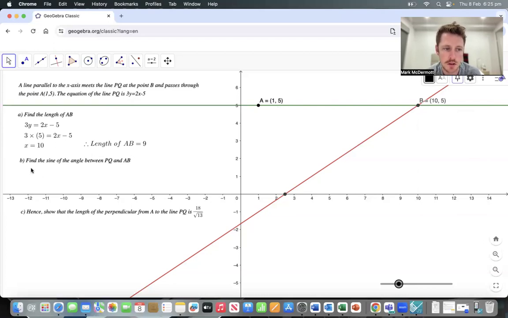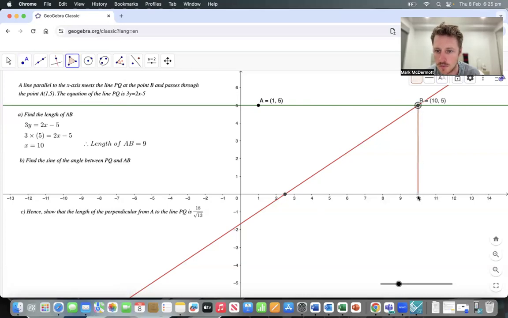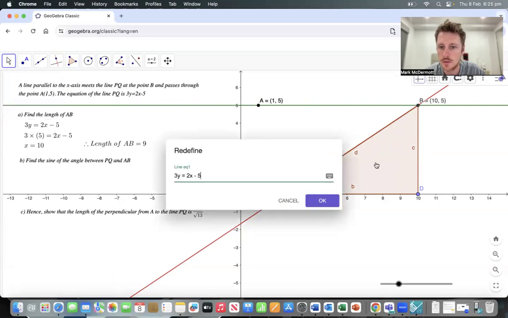Okay, the next part's a bit trickier. It says find the sine of the angle between PQ and AB. This is where it gets a bit tricky. I'm going to draw in a triangle, and you'll see why in a second. I'm just going to hide some of those labels.